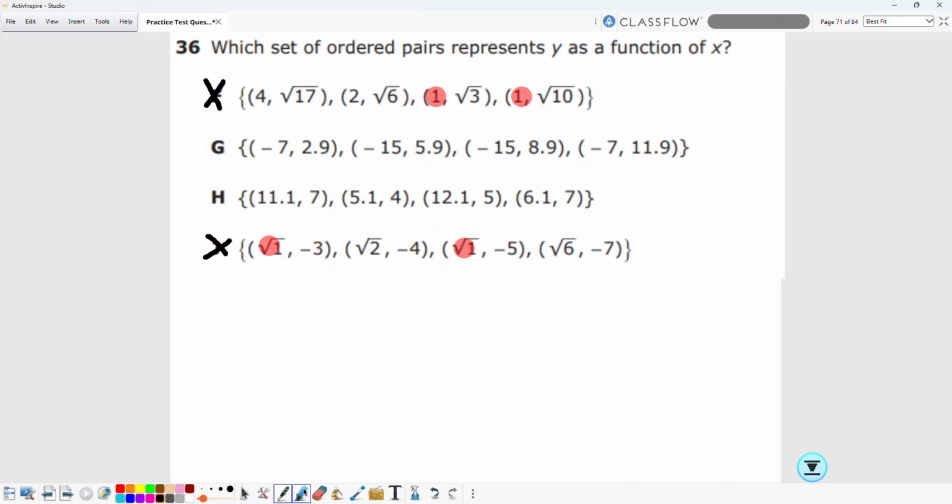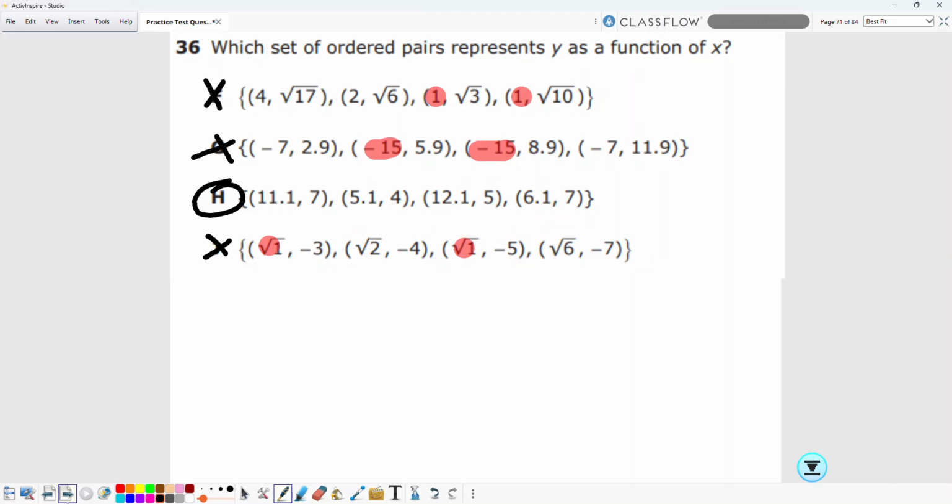We can see the same thing again here on G: -15, -15, different y values. So let's look at H. 11.1, 5.1, 12.1, 6.1. It may not be linear, but it is a function. And so H is the correct answer.